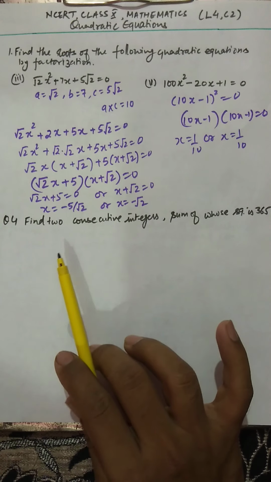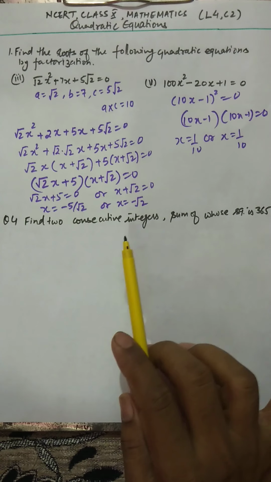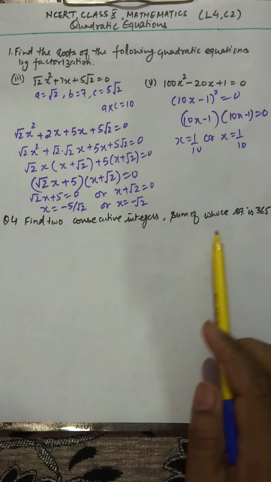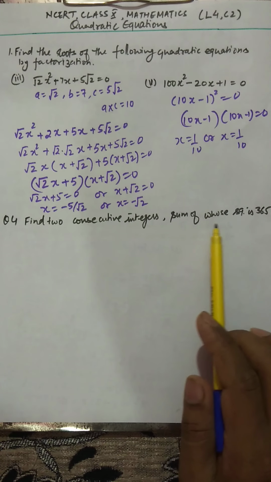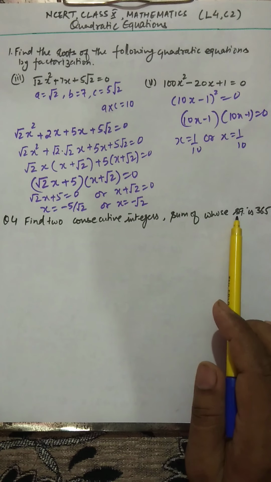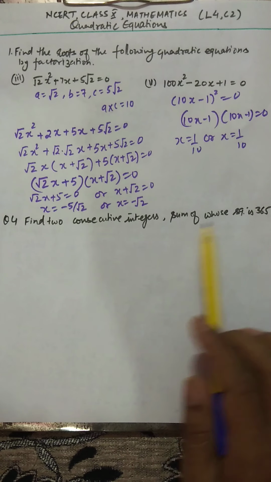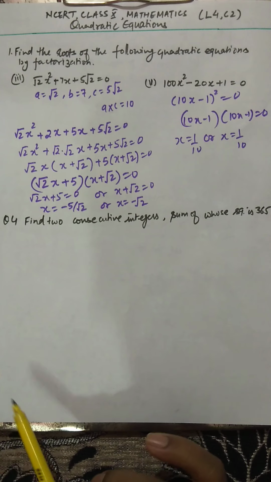Now come to question number 4. Find two consecutive integers, the sum of whose squares is 365. First you have to do the squares, and then do the sum, and this answer will be equal to 365.